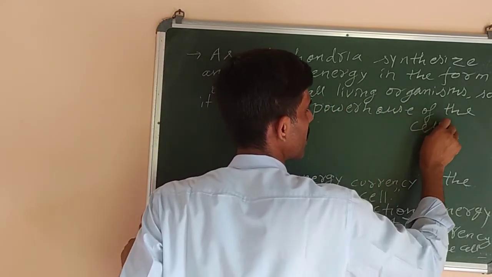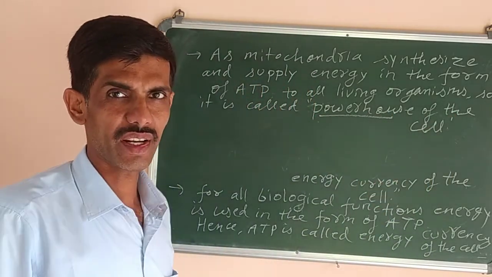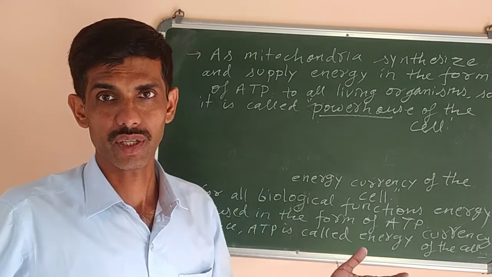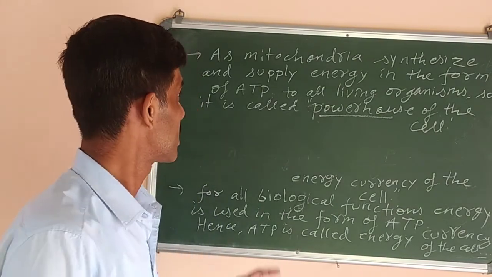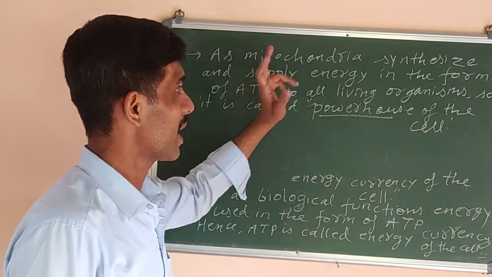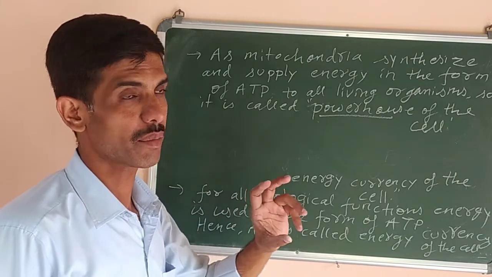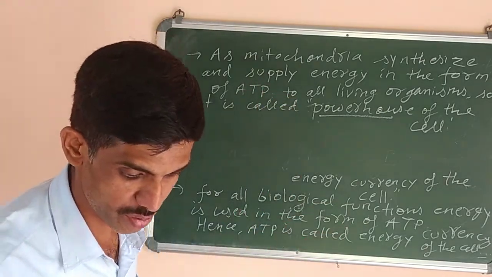Because what is the function of powerhouse? The function of powerhouse is to generate electricity, which is supplied to all our industries, homes and other purposes, railways also. Similarly, in our body or the living body, it is the mitochondria where the energy-rich compound called ATP is synthesized and supplied. Okay, hope you understood this one.